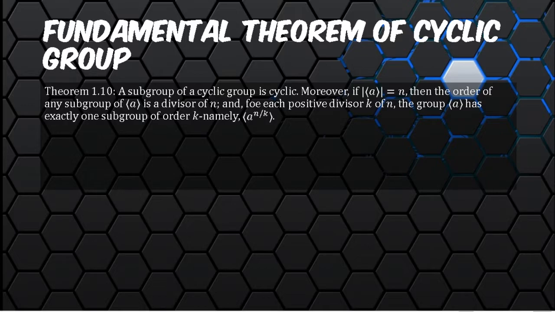Moreover, if the order of the subgroup generated by A is n, then the order of any subgroup of the subgroup generated by A is a divisor of n. And for each positive divisor K of n, the group generated by A has exactly one subgroup of order K, namely the subgroup generated by A raised to n over K.